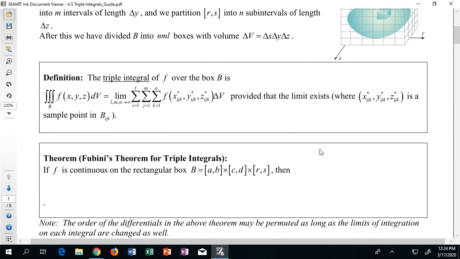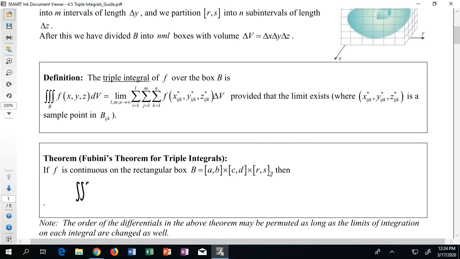If f is a continuous function on that rectangular box, again, expressed here as bounds for x, bounds for y, and bounds for z, then we have an updated idea of Fubini's theorem. We had a Fubini's theorem for double integrals, and we have another one now for triple integrals.